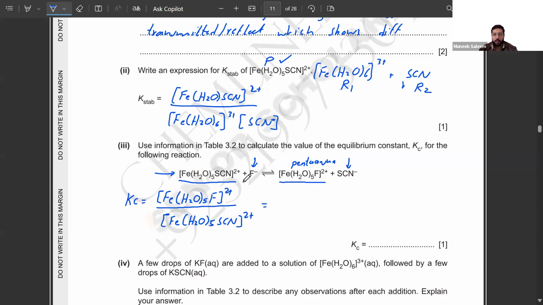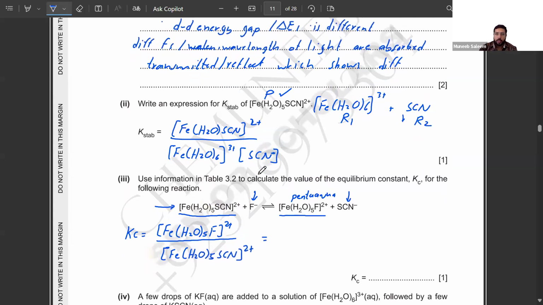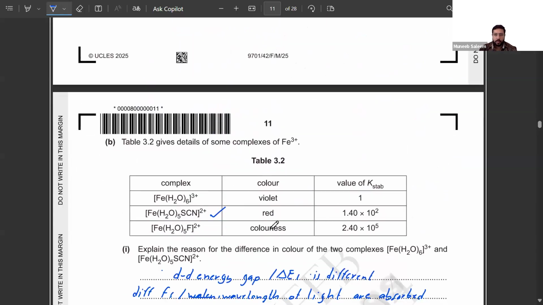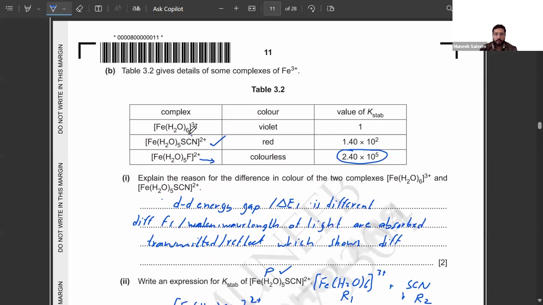Now we'll apply the values from the table given. From the table, we see that the value for the complex containing the fluoride ligand is 2.40 into 10 raised to power 5, and the complex containing a thiocyanide ion ligand is 1.40 into 10 raised to power 2.